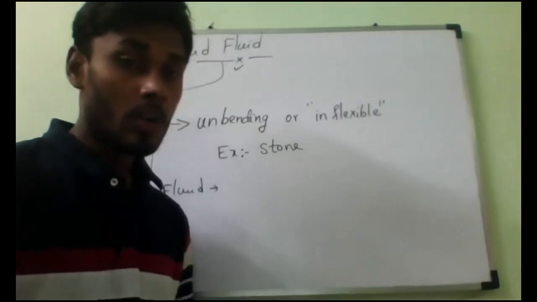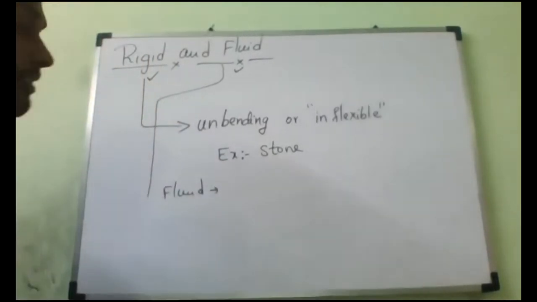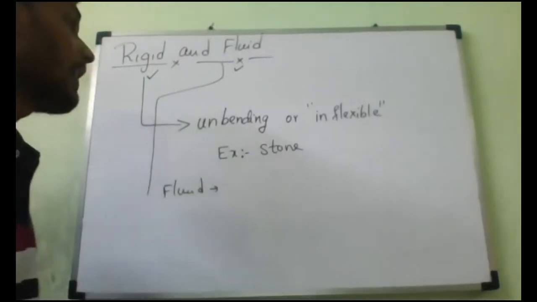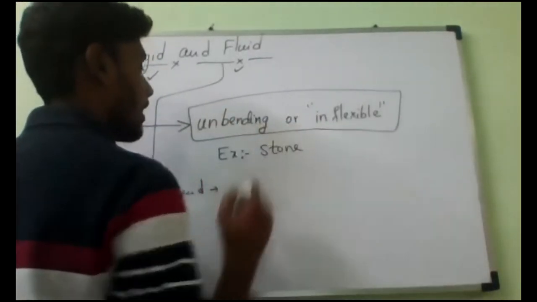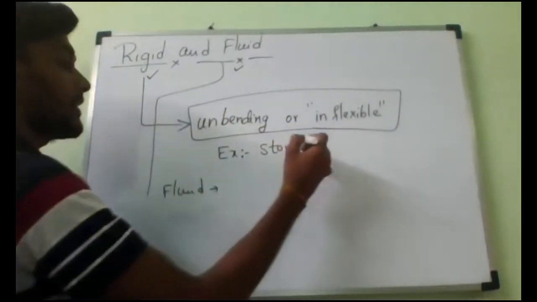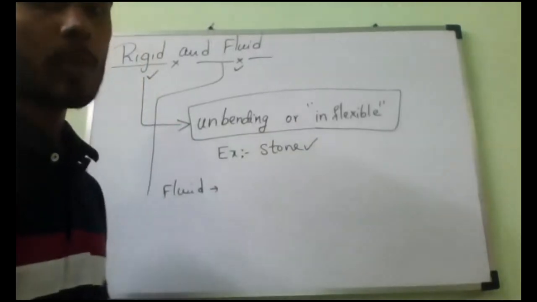Now, rigid. Rigid means unbending or inflexible. Example, you can write stone.